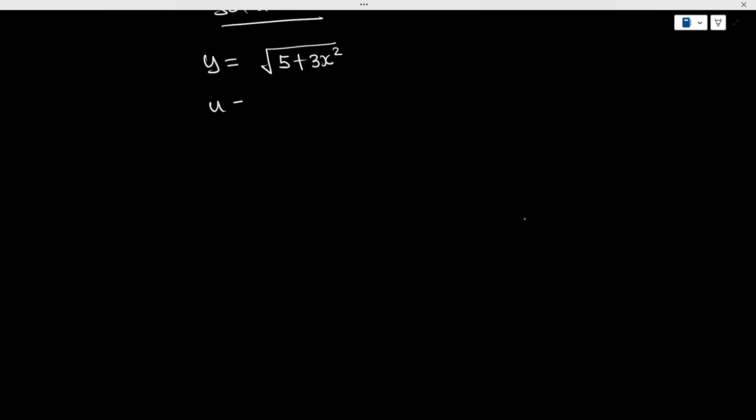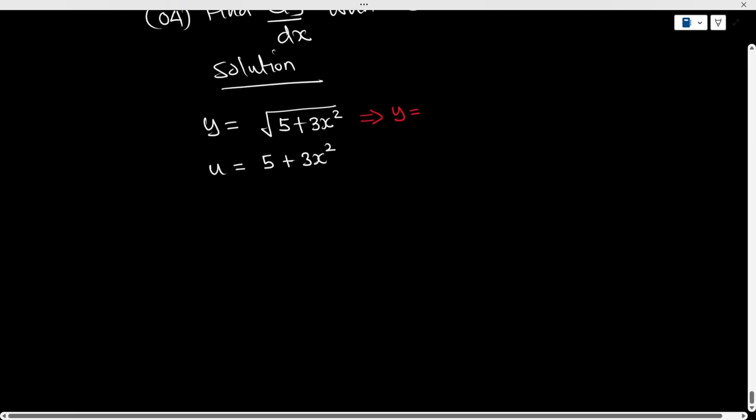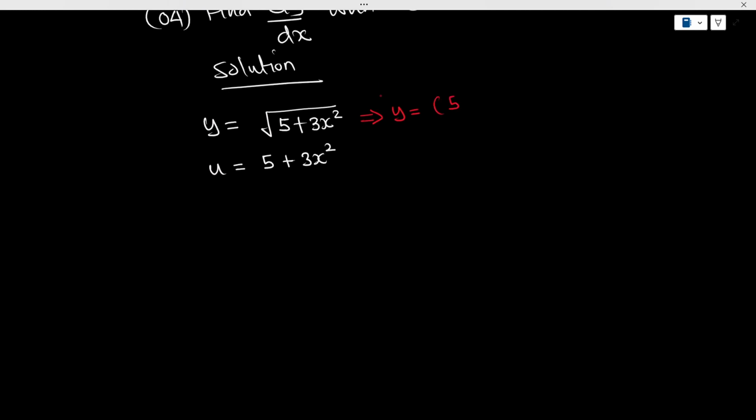Then we can say u equals 5 plus 3x squared. Also note that this function can be written as y equals 5 plus 3x squared raised to 1/2. This is going to be our first equation.